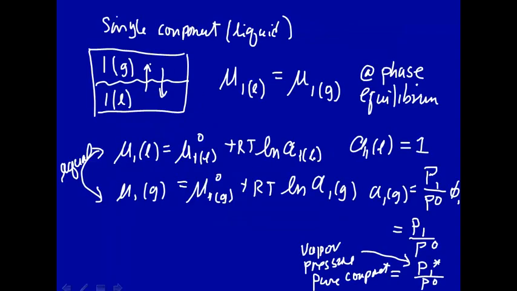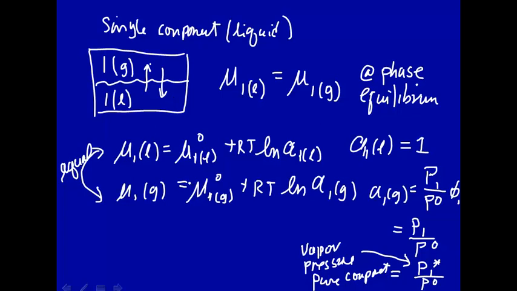So the chemical potential of liquid is the chemical potential of liquid in the standard state. So you note that this term goes to 0. So the chemical potential of liquid is the chemical potential of standard state. Well, that sort of makes sense because it's a pure substance.